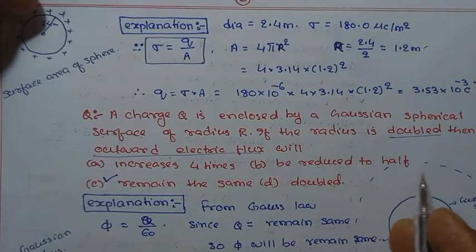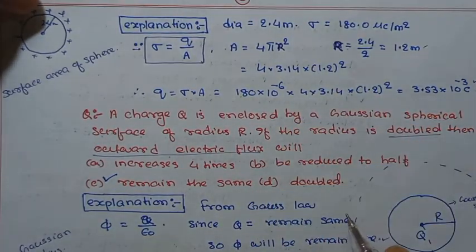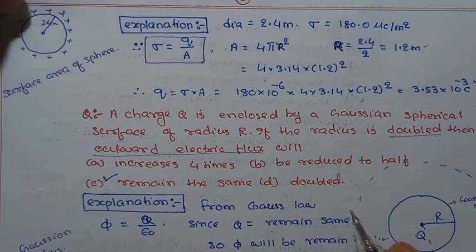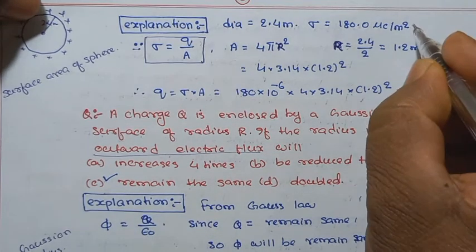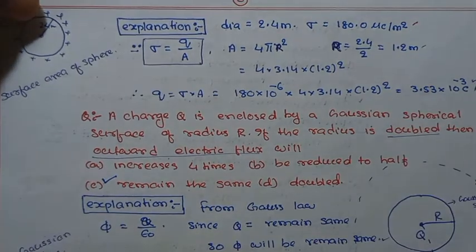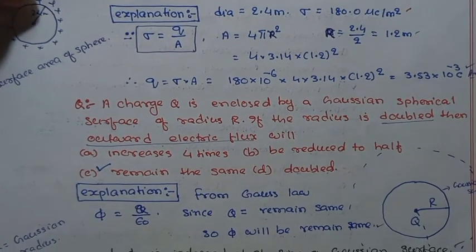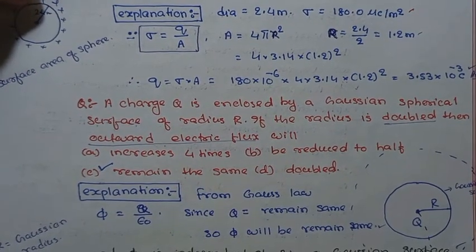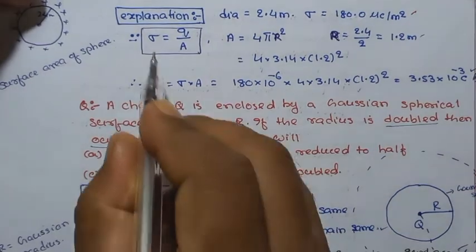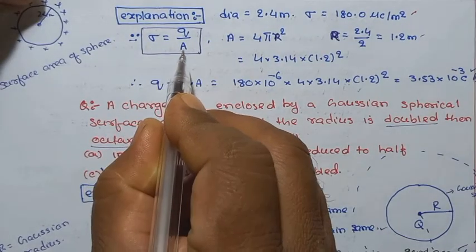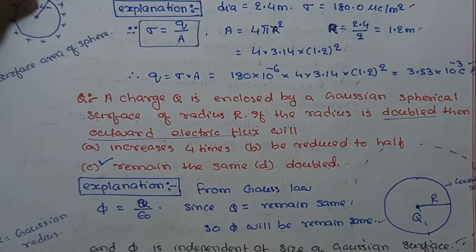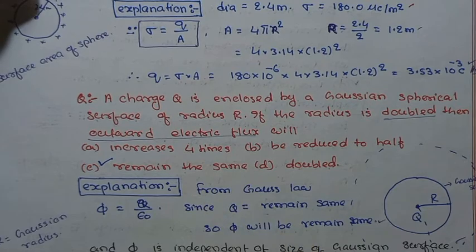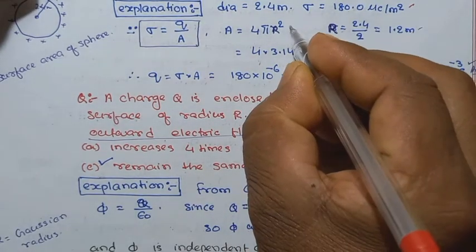Here diameter is given, that is 2.4 meter, and surface charge density is given, that is sigma is equal to 180 microcoulomb per meter square. Now we all know sigma is equal to q by A. This is sigma, charge per unit area. Here area is the surface area of the sphere, and surface area of the sphere is 4 pi r square.